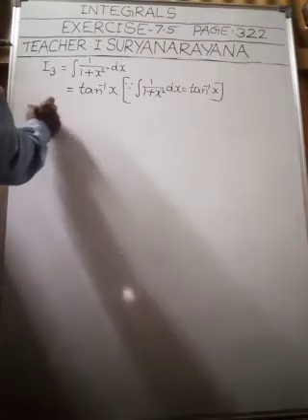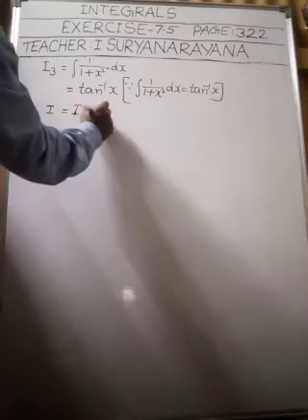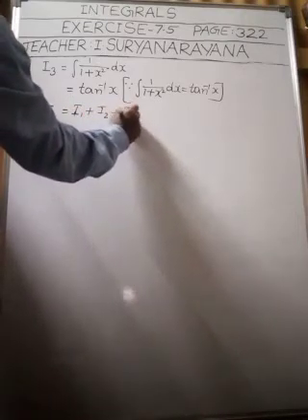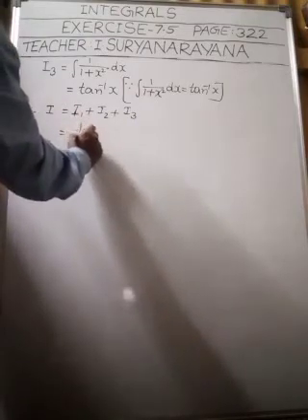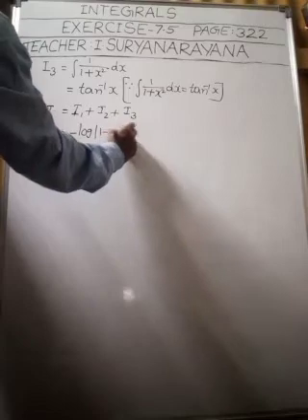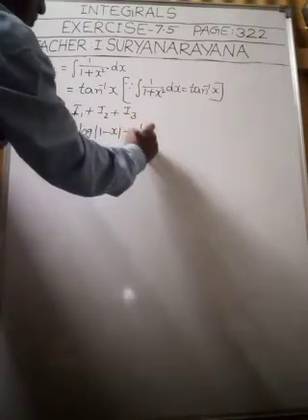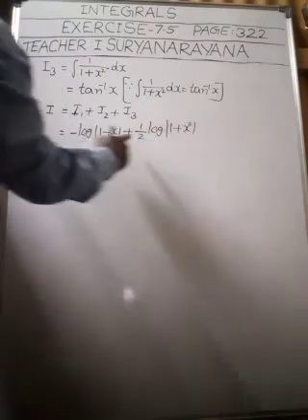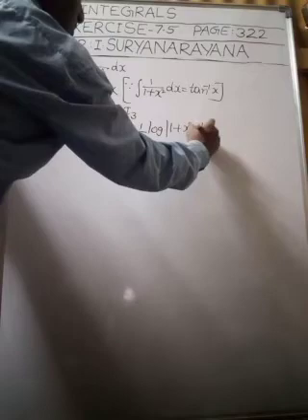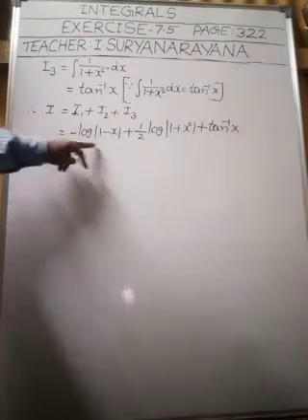Okay, my children. Therefore, I is equal to I1 plus I2 plus I3. What is I1? Minus log mod 1 minus x. What is I2? 1 by 2 log mod 1 plus x square. Plus what is I3? Plus tan inverse x. So this is the last step.